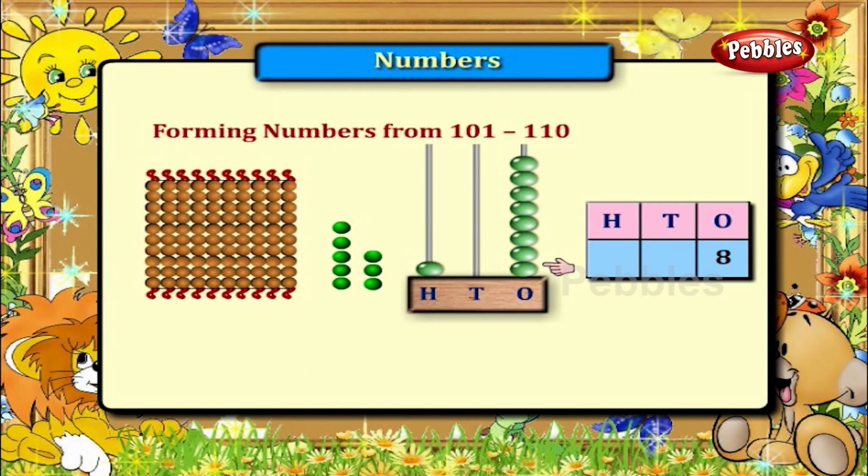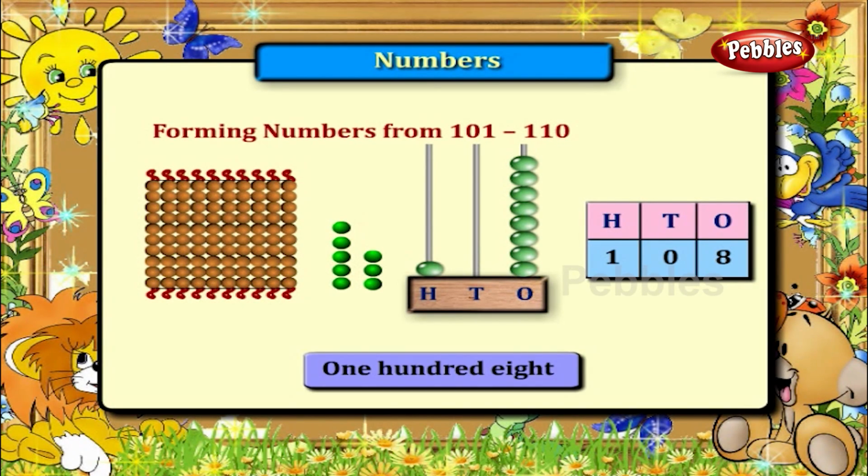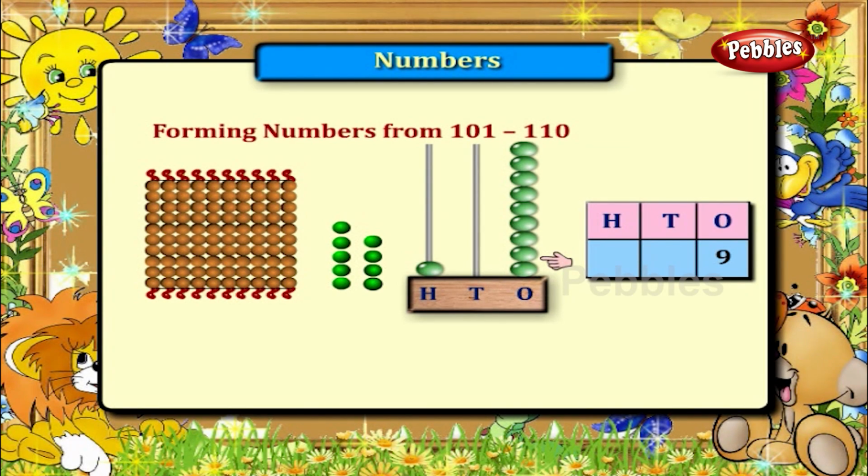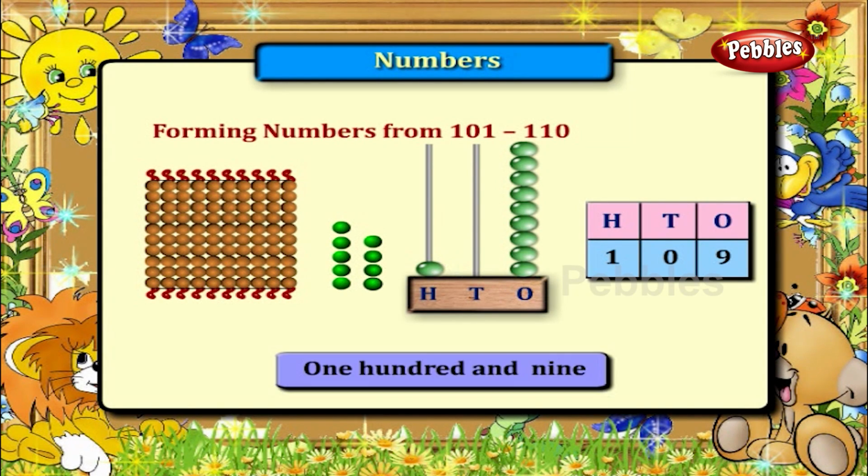We have 8 beads in the ones place, no beads in the tens place, and one bead in the hundreds place. This is number 108. We have 9 beads in the ones place, no beads in the tens place, and one bead in the hundreds place.